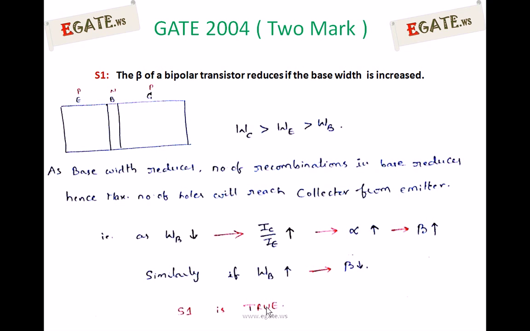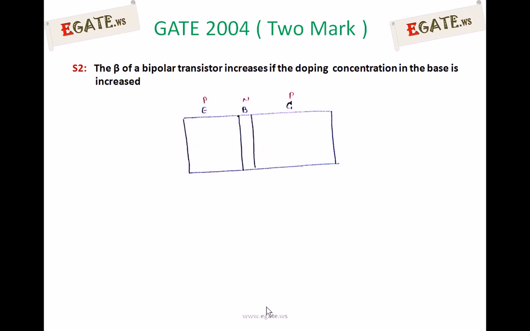Now we will consider statement 2. The beta of a bipolar transistor increases if the doping concentration in the base is increased. With respect to doping, the emitter is heavily doped, the collector is moderately doped and the base is lightly doped.